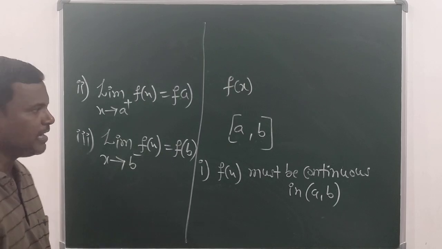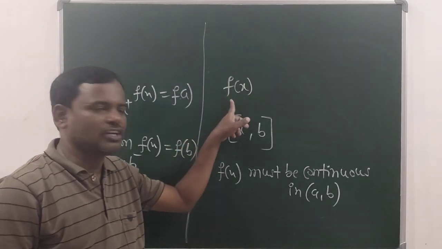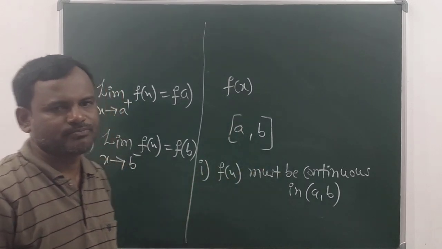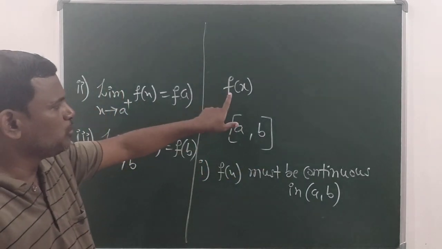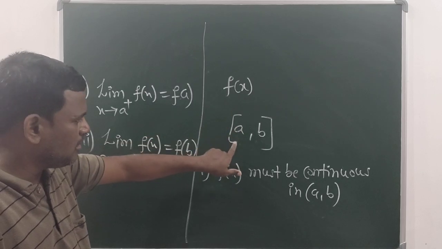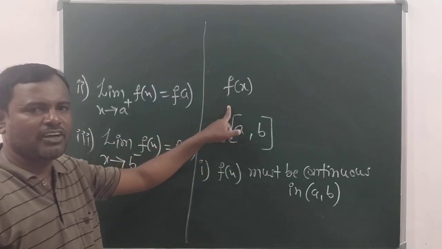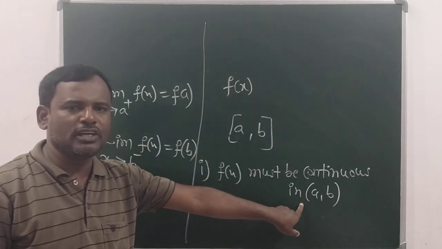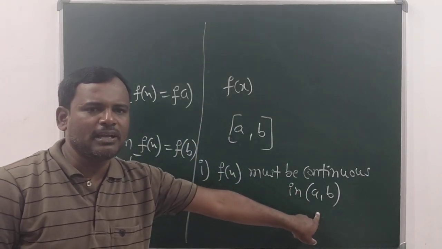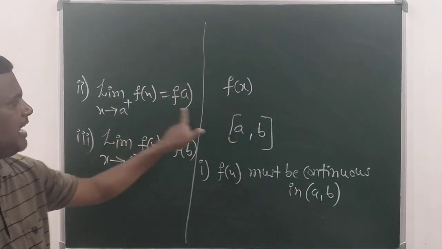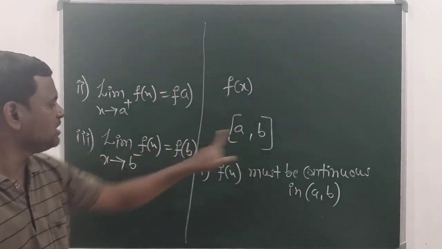Then only you can say this function is continuous in this entire interval a to b. When you have to say this f of x is continuous in this closed interval a comma b, this function must be continuous in the interval a comma b, and also it should be right continuous at a and left continuous at b.